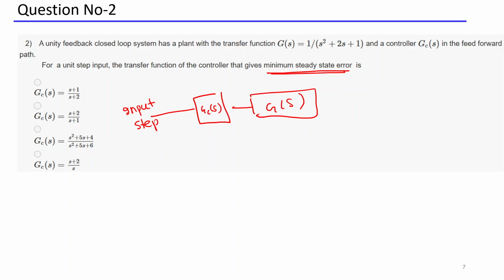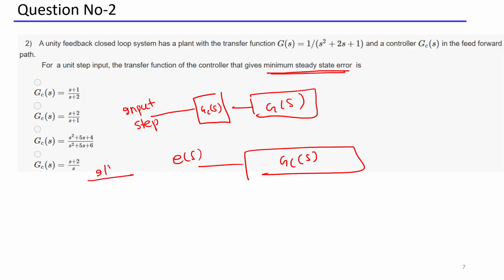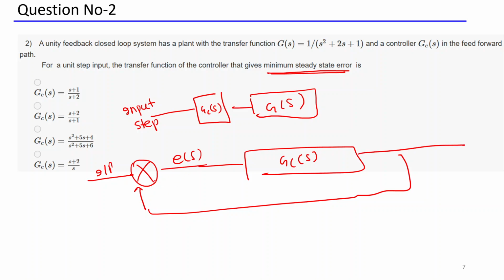Try to understand Gc(s): here the error is coming. This error is nothing but your input minus the feedback term. The summing block is there, and this feedback is coming from the output.